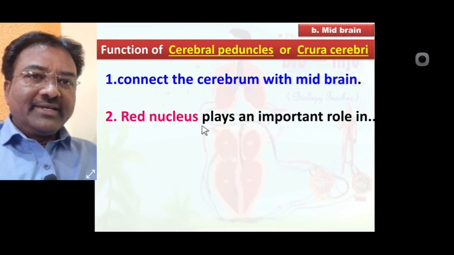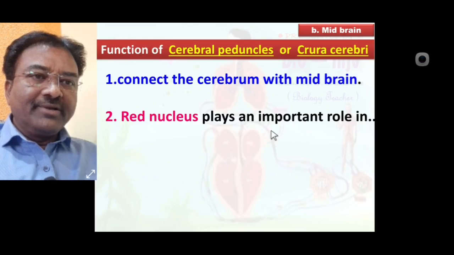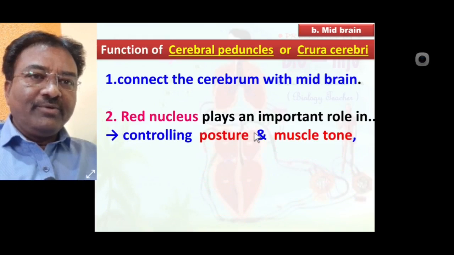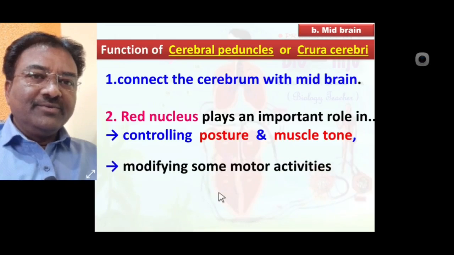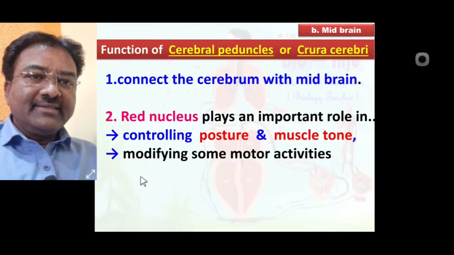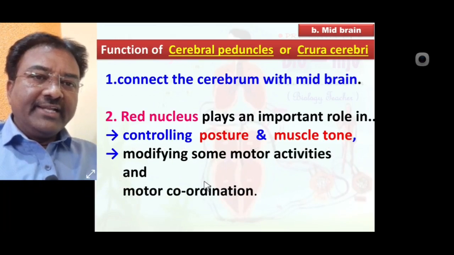Also, the red nucleus present in the midbrain plays an important role in controlling posture, the position of the body, and also muscle tone. It also modifies some motor activity and motor coordination.